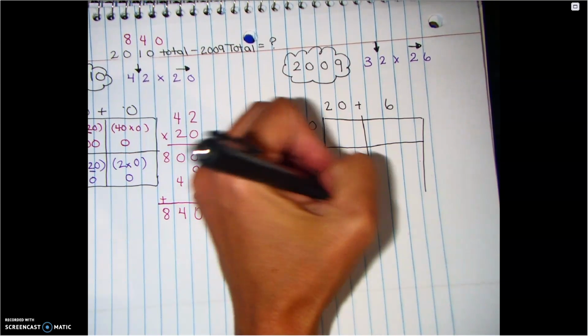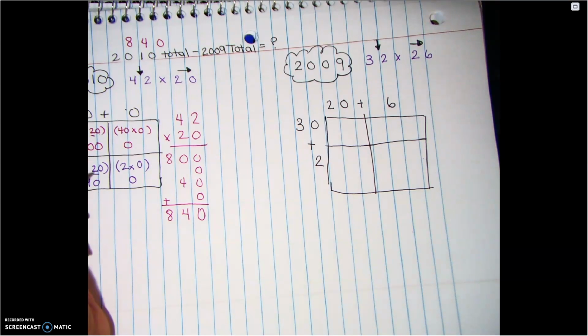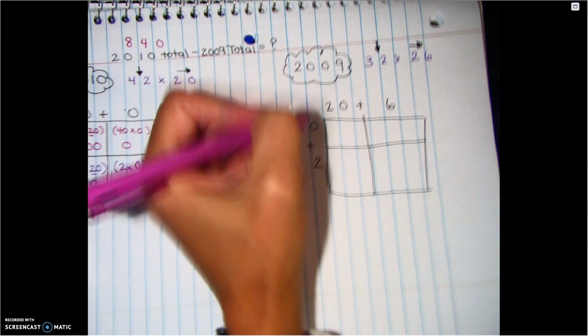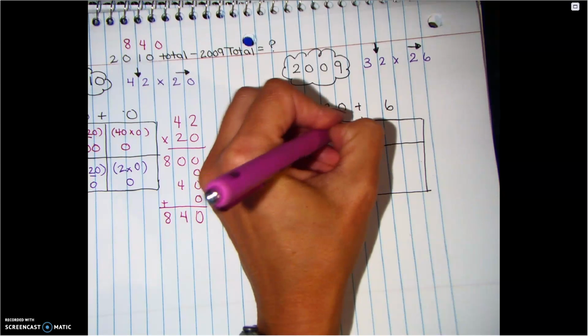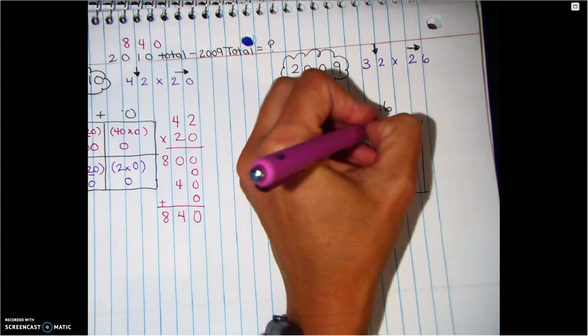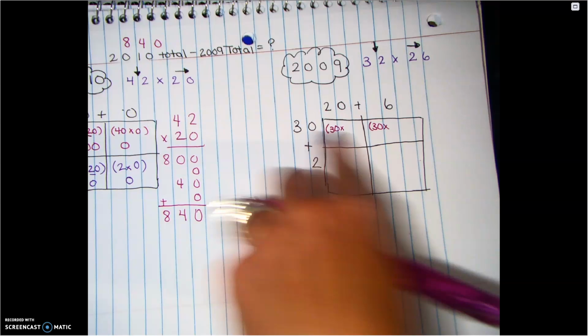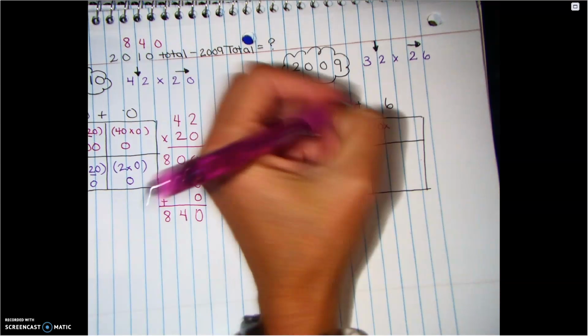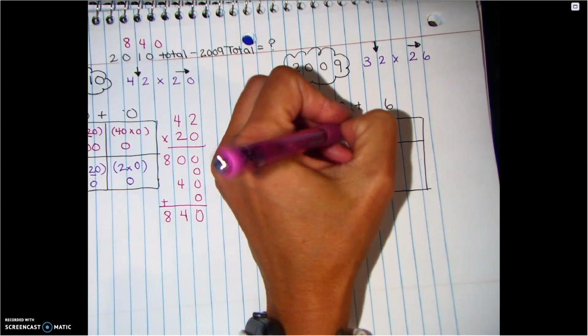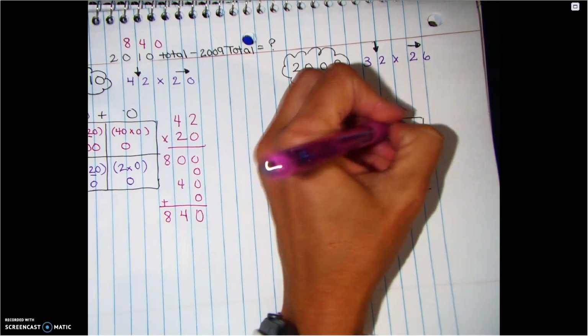Draw my box. And let's get started. So remember, I'm going to do 30 times, because I know this is 30 times both those numbers. So 30 times 20 and 30 times 6.